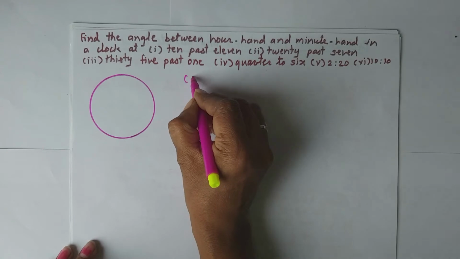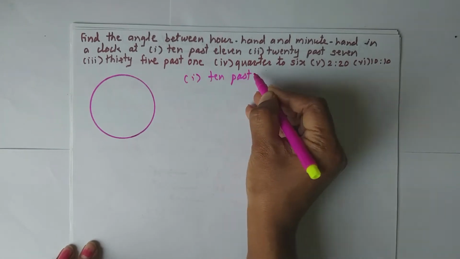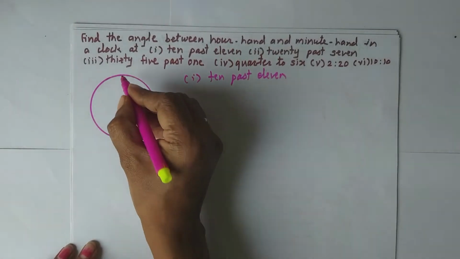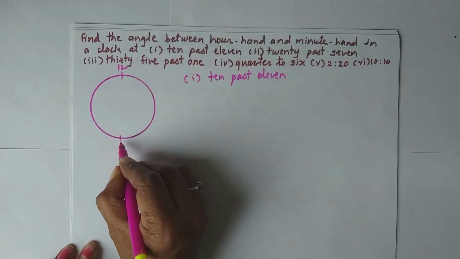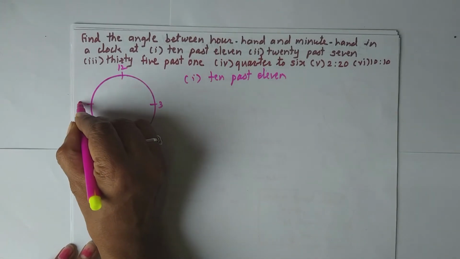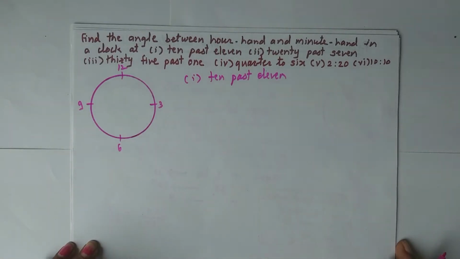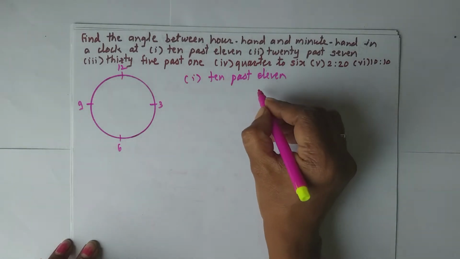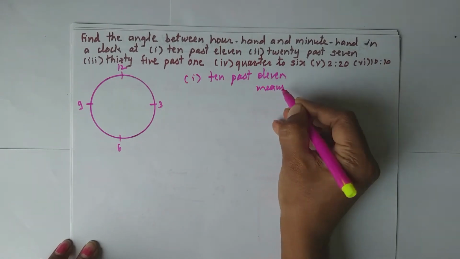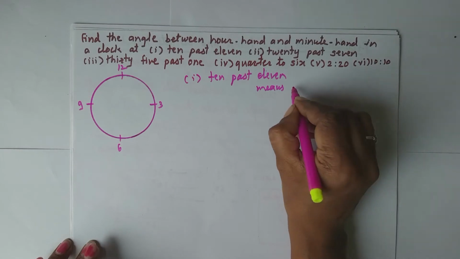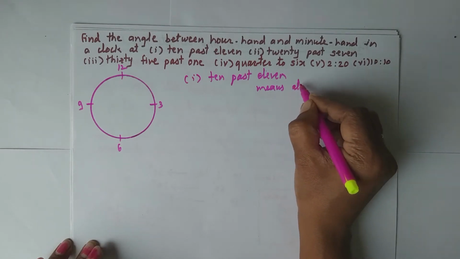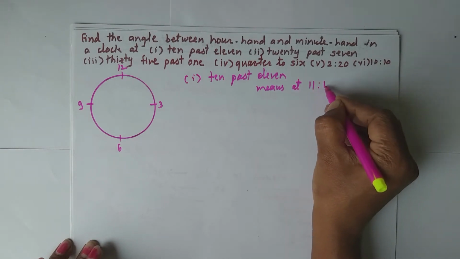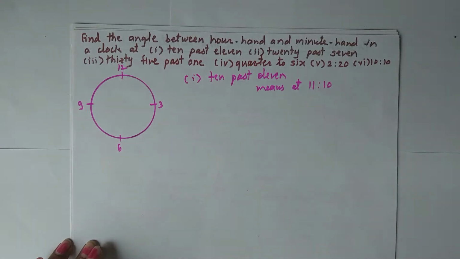First we will see 10 past 11. Again you divide the clock into 12 equal parts. What is 10 past 11? 10 past 11 means we have to find the angle between hour hand and minute hand at 11 hour and 10 minutes, that is at 11:10.